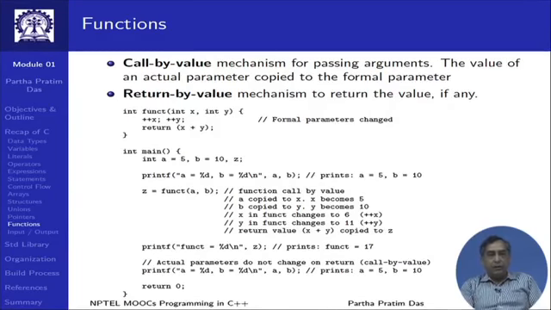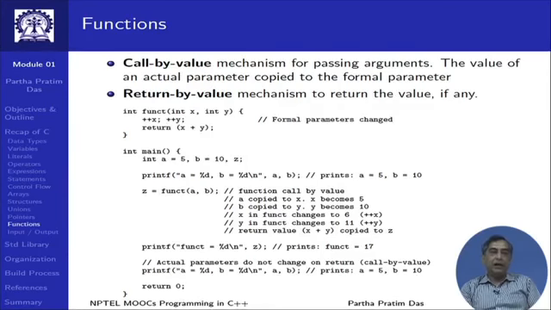Which is not very common, particularly to C programmers, is the notion that the mechanism by which you return the value is called a return by value mechanism, and it is not explicitly mentioned in C, because there is no other way to return, to put it straight.